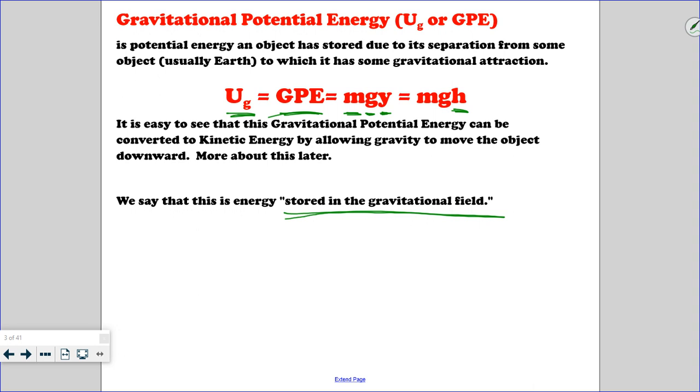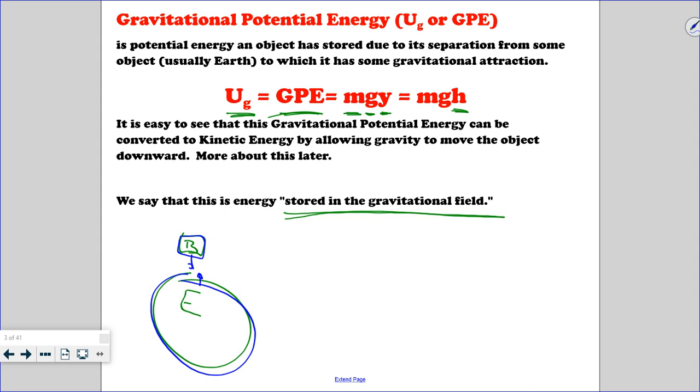Now because we didn't do a ton of electricity last year, we didn't do a ton about fields. But what I want to make sure you understand is this: if you're talking about the Earth and a box of gummy bears, and we talk about the gravitational potential energy that the box of gummy bears has, technically speaking, it doesn't belong to the box of gummy bears, it belongs to the box and Earth system, because there's a mutual attraction between these two objects.